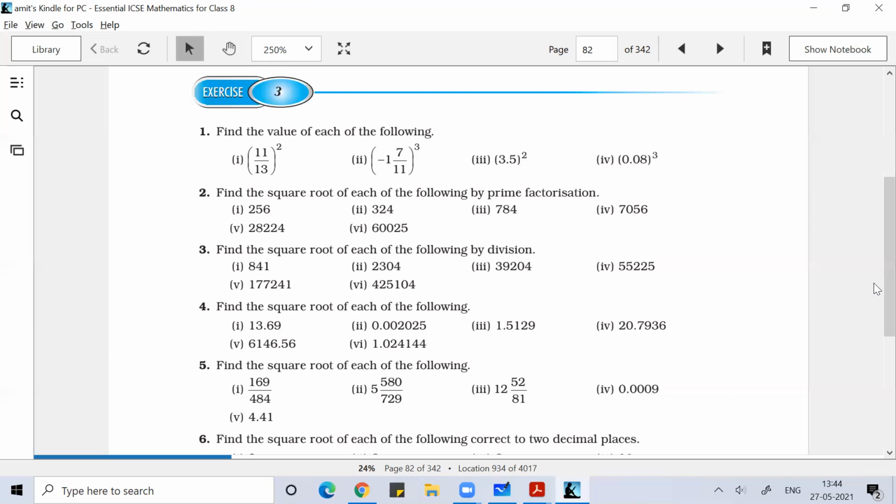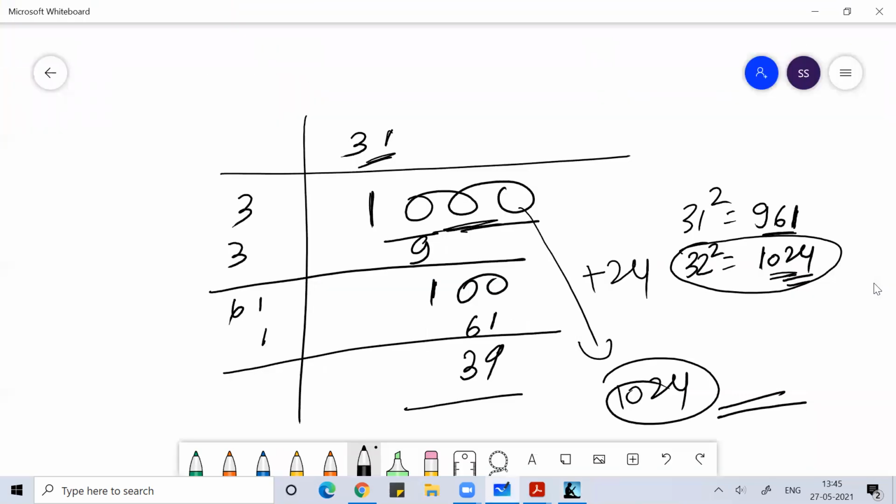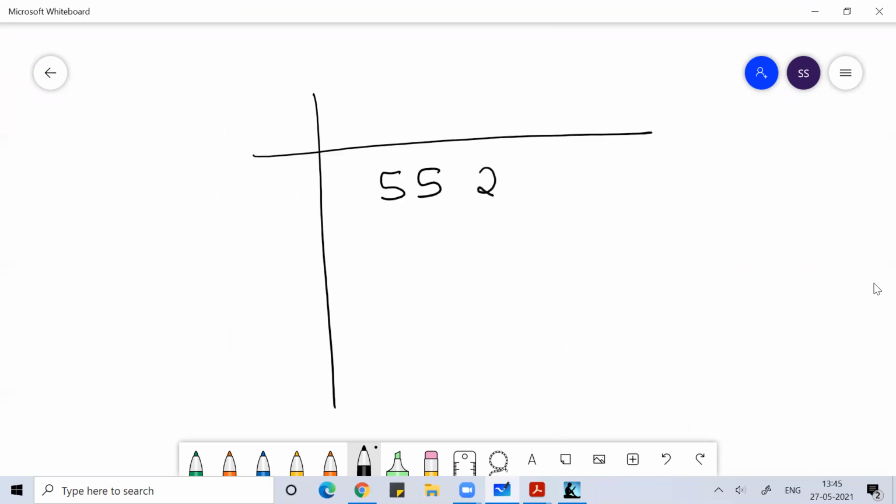Sir, can you do the rest three? I will do, but why are you not doing? I'm worried about that part. 55225. Sir, can you do this by prime factorization? Any method you can do.